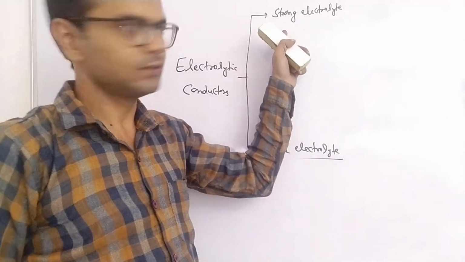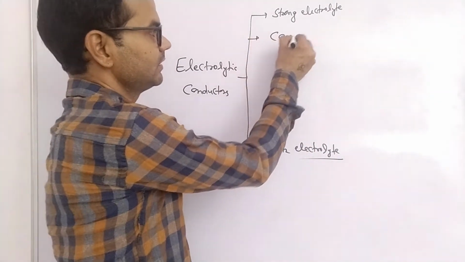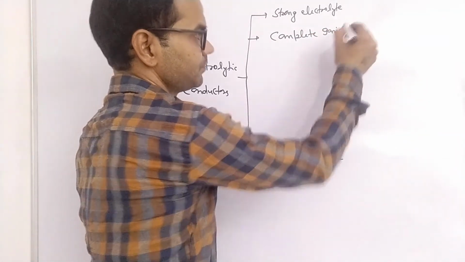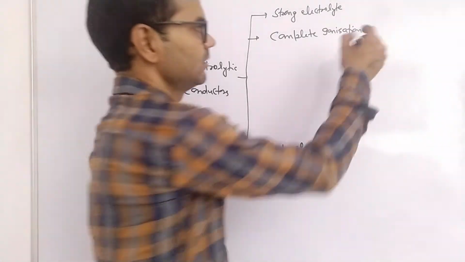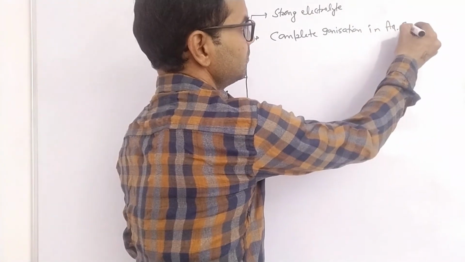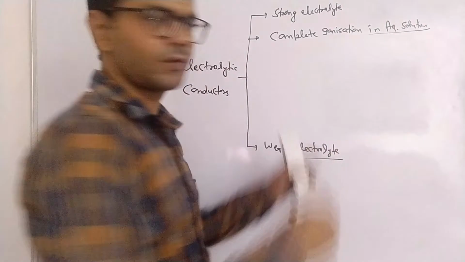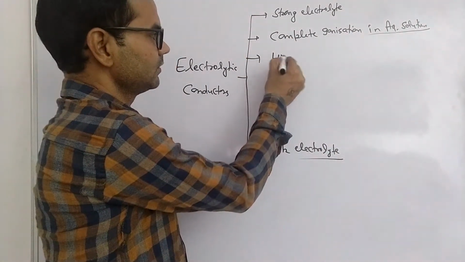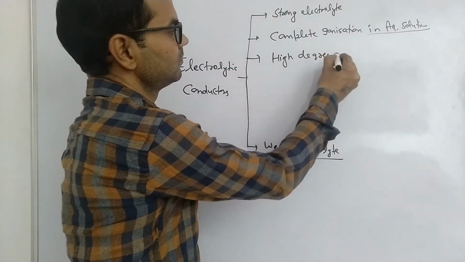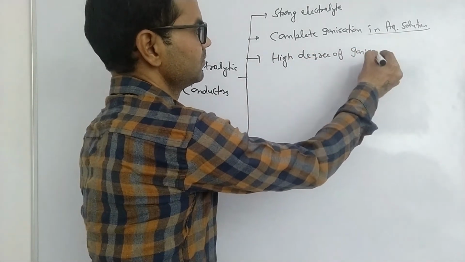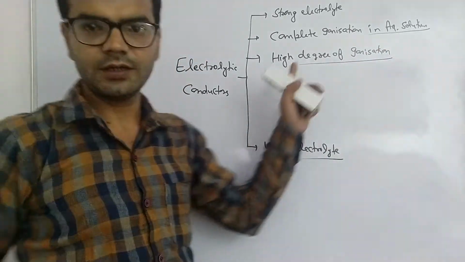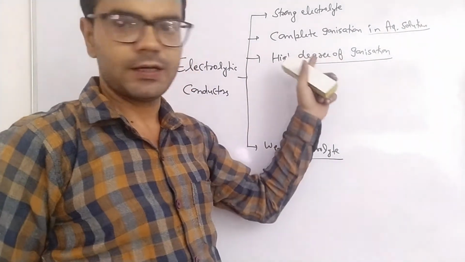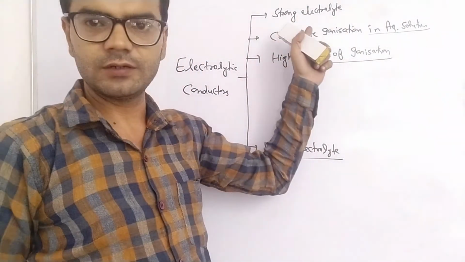In strong electrolyte, there is a complete ionization in aqueous solution, or we can say they have a high degree of ionization. Complete ionization, or high degree of ionization, they are called strong electrolyte.